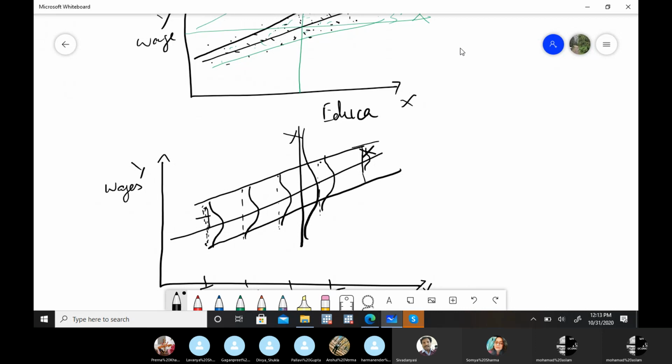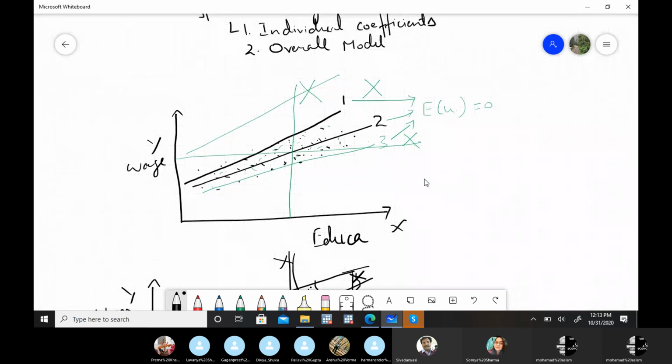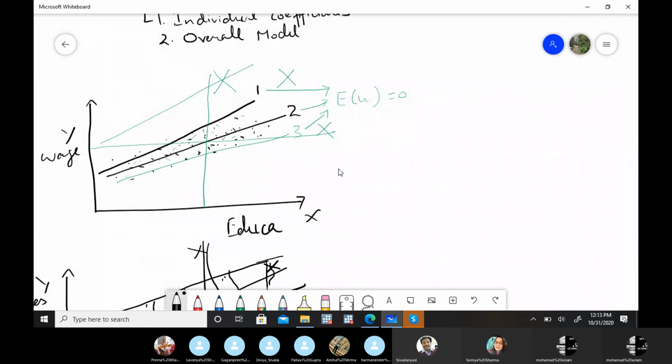But as far as this residual term is concerned, as I told you in the beginning, when we study theoretical econometrics, this is everything in the imagination. Why is it in the imagination? Because you don't have the actual picture, and it's not possible for everyone to understand this relation.